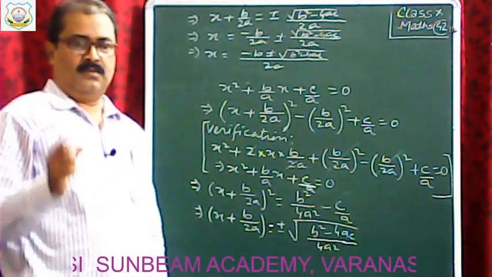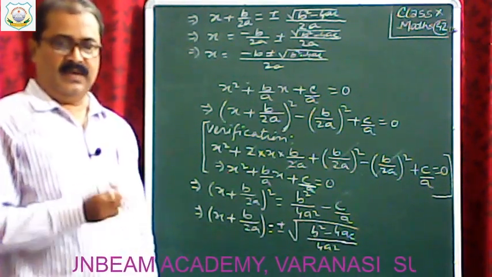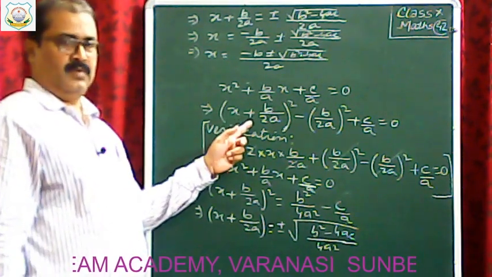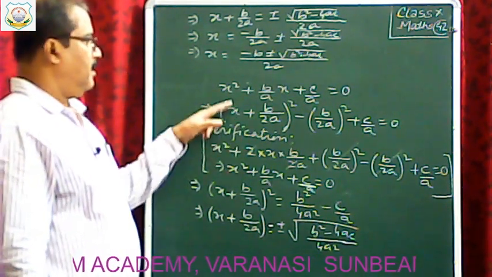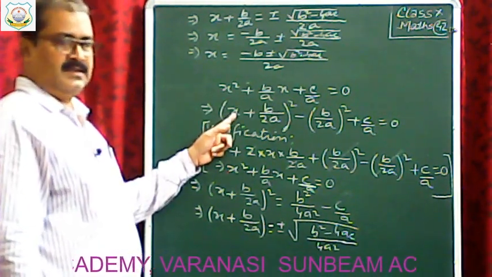So first, you have to divide the given equation by a if a is other than 1. Thereafter, two things you have to keep in mind. After dividing by a, in place of x square you have to write x.